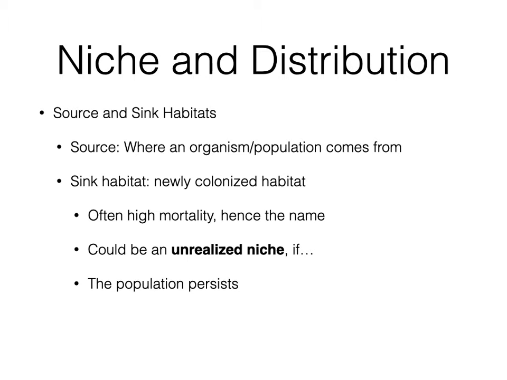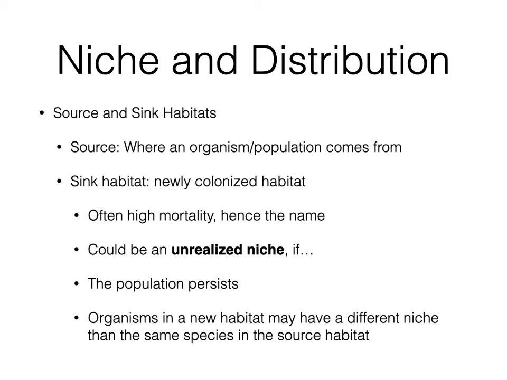There are all sorts of examples of species moving from their source habitat to new habitats, and that new habitat being just as favorable or even more favorable for that organism. And so what we're talking about is invasive species, organisms in a new habitat, and they may take on a different role and be subject to different factors.